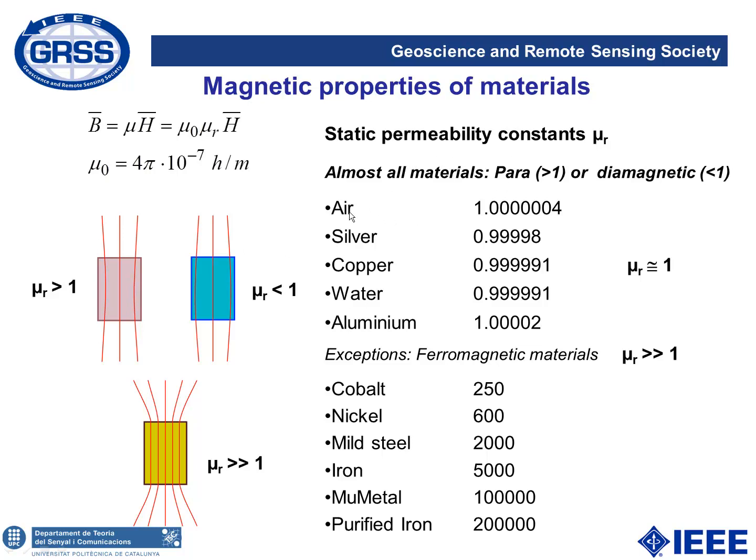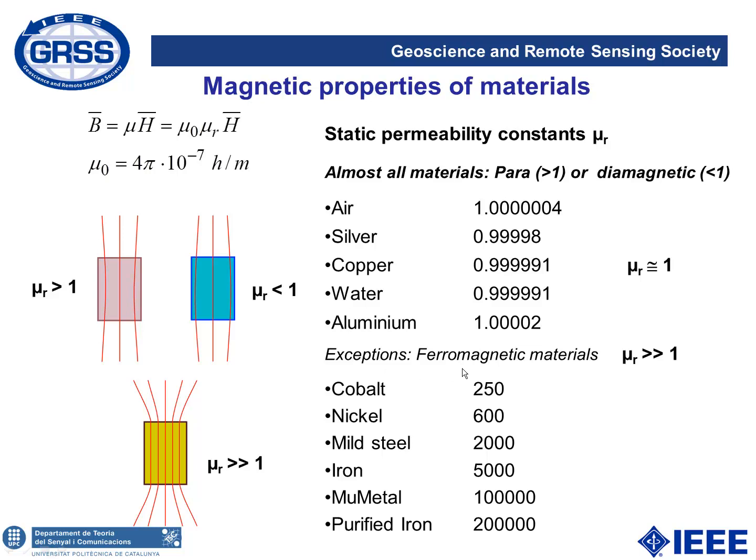So most of the materials, dielectrics, metals, semiconductors, have permeabilities which are extremely close to 1, so we cannot distinguish these magnetic properties of materials unless we use a very sensitive measurement system, which is not the case of very distant remote sensing systems. There are exceptions for that, of course.